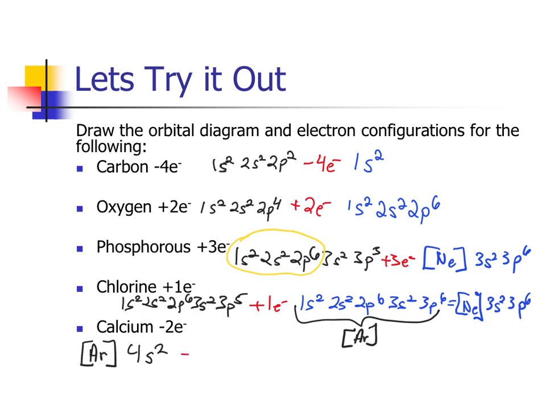If I subtract 2 electrons, sometimes I've seen it written out as just that. It's not the suggested method. They would prefer that it be written out that way.